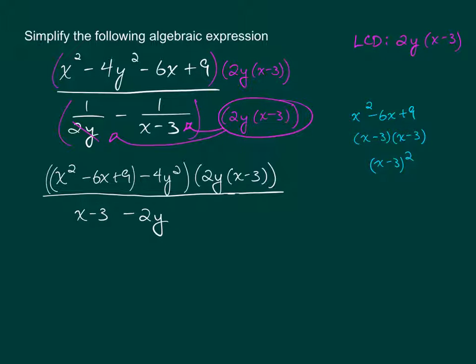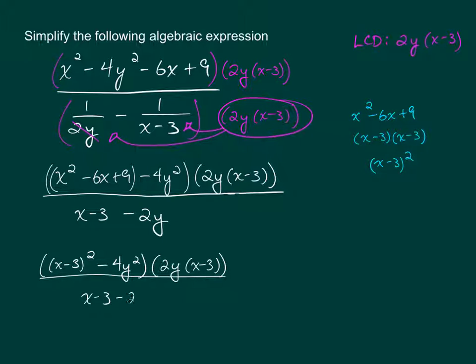So I'm going to write this fraction again with this substituted in for this. So this fraction becomes x minus 3 squared minus 4y squared times 2y times x minus 3 all over x minus 3 minus 2y.